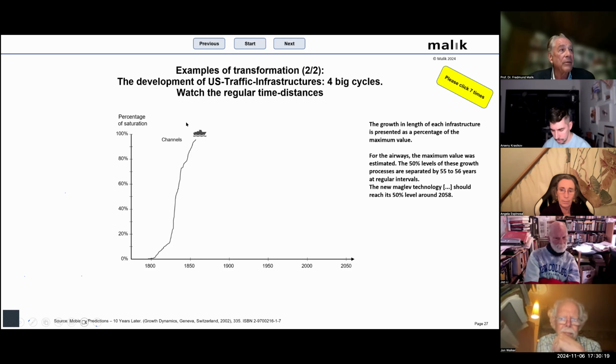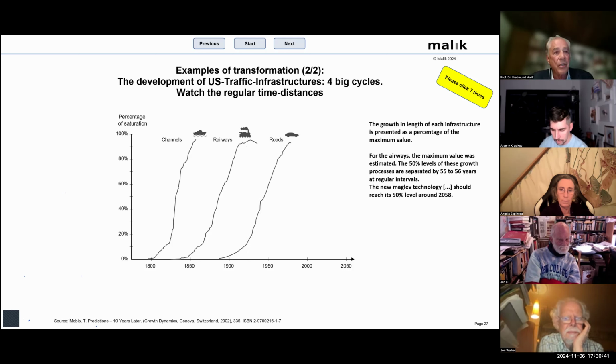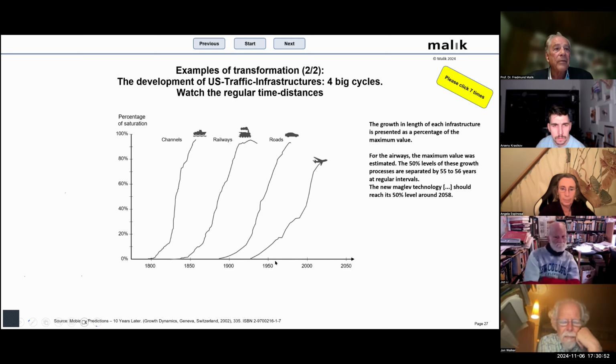So here we have the channels. You see 1800 and up here the 100% of channels and therefore ships. The next ones, railways, all American data, starting before 1850 and ending here at 1920 something. And then we have roads and automobiles from 1900 on up to 70 or so. And then we have the passenger airplane from 1930 up to more than 2000.